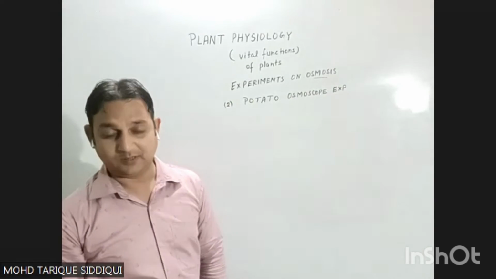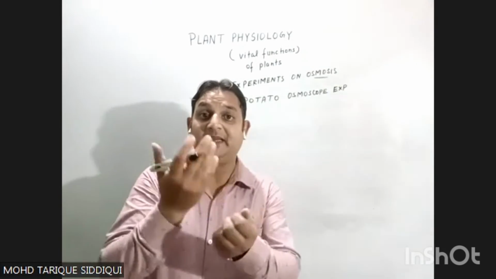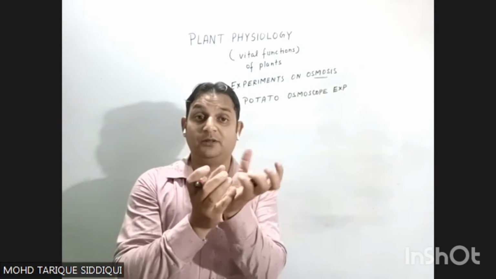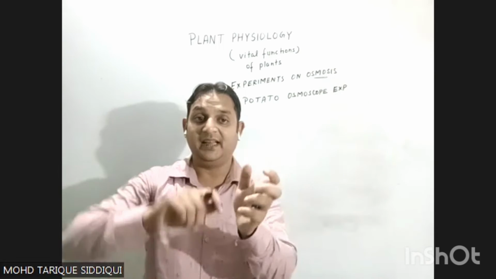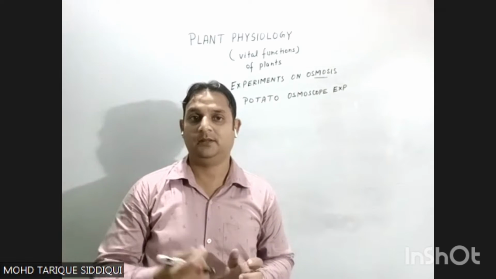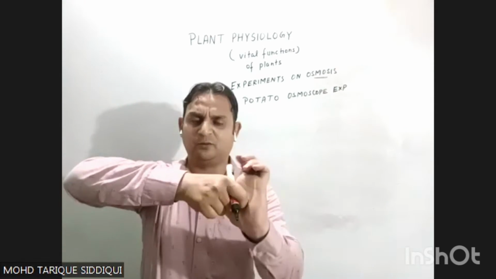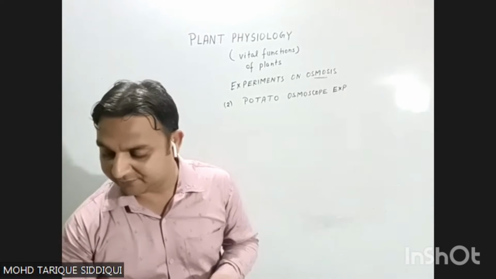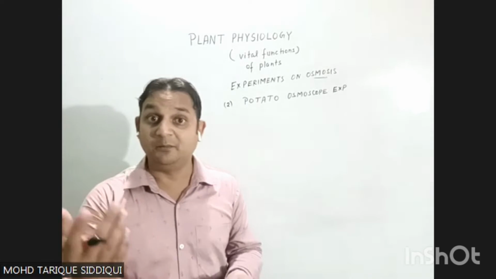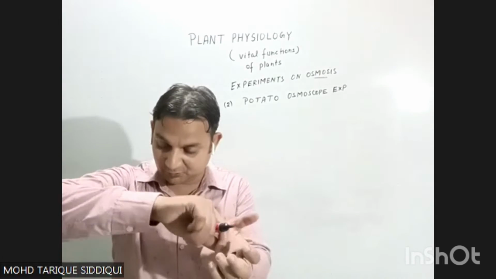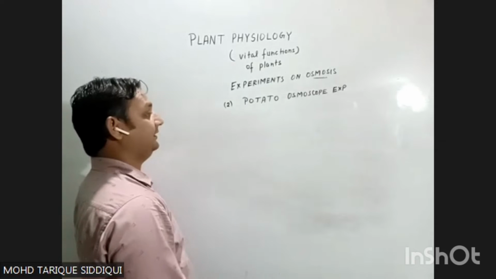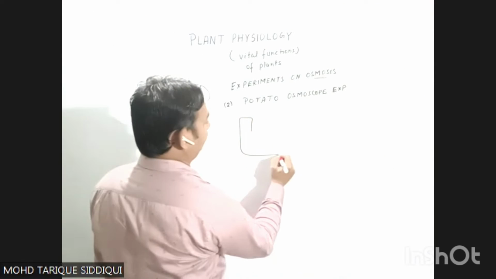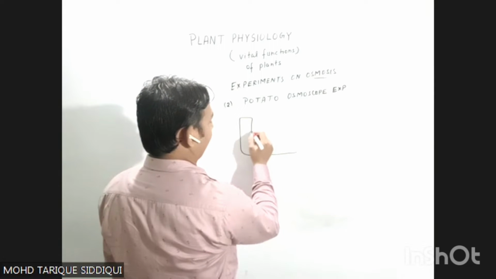All right. Take a fresh potato tuber, peel it. When you have a big fresh potato tuber, scoop out with the help of a spoon or a knife. So, potato osmoscope experiment: take a fresh potato tuber, remove its peel, then scoop out a cavity like this.